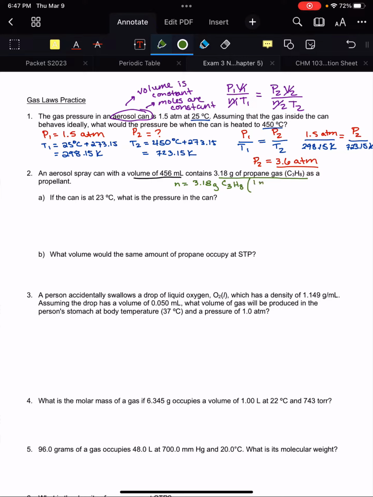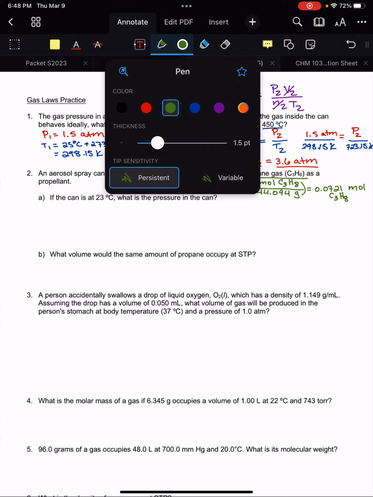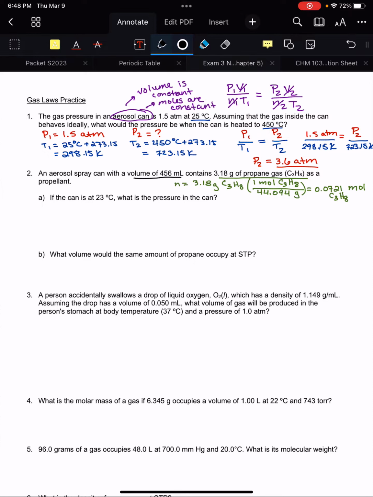So 1 mole of propane has a mass of 44.094 grams. This gives us 0.0721 moles of our gas. So currently we have 2 of our 4 variables, the volume, which is 456 milliliters, and we know that volume needs to be in liters, so we'll divide by 1,000 and we get 0.456 liters.